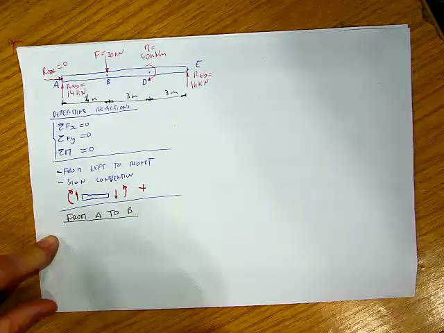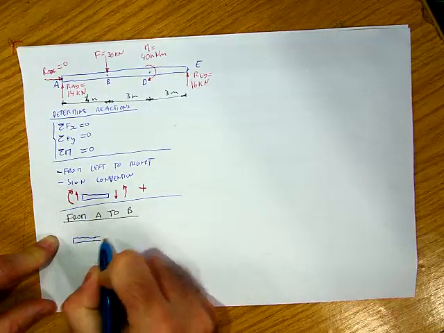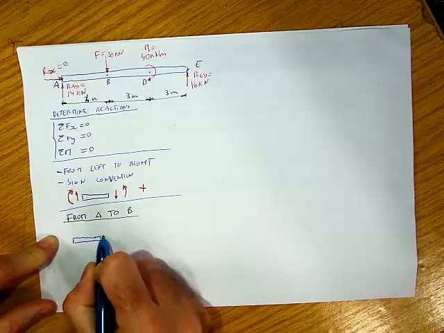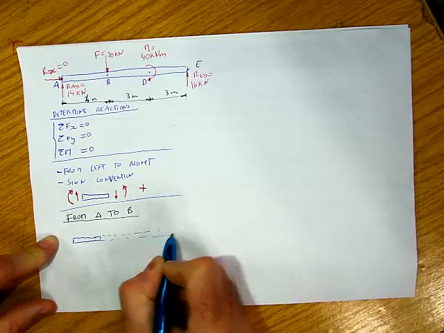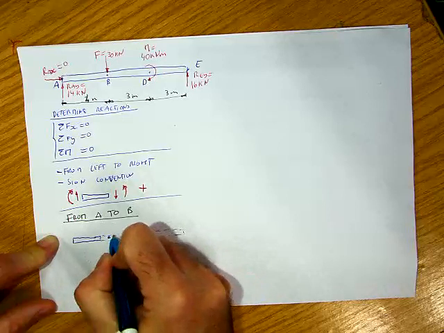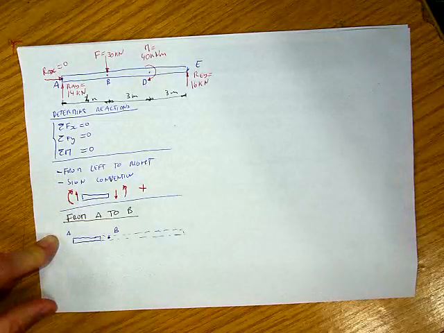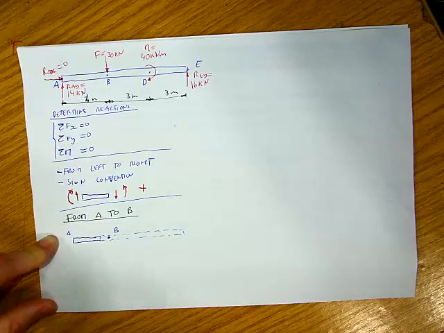I have the beam, which starts here, and I break it, and this beam goes like that. That's point B over there, I have left the rest out, and this is point A. Now my free body diagram will be like this.